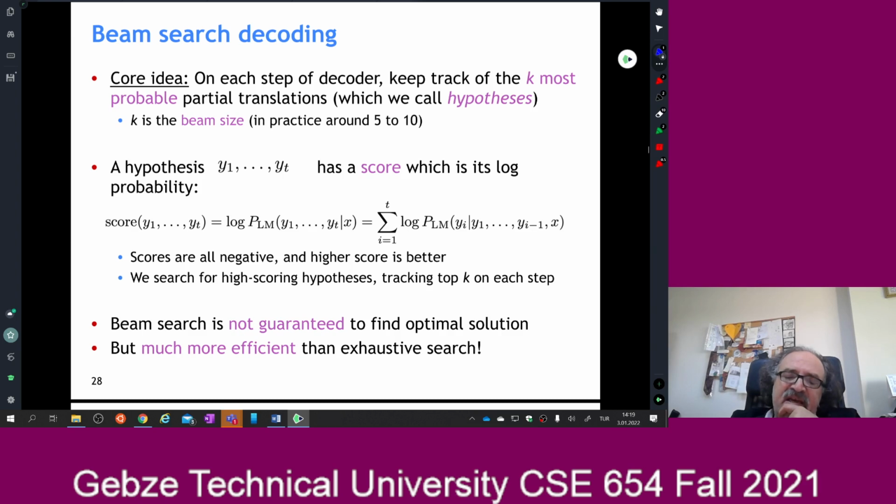It's an artificial intelligence technique used for optimization. As it says, it is not guaranteed to find the optimal solution. It is not as perfect as exhaustive search, but it is much more efficient. We are going to use it.